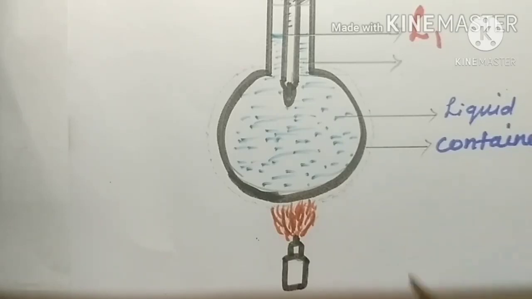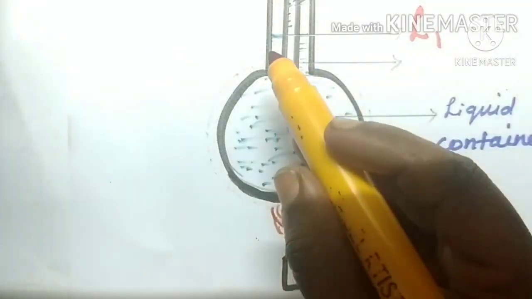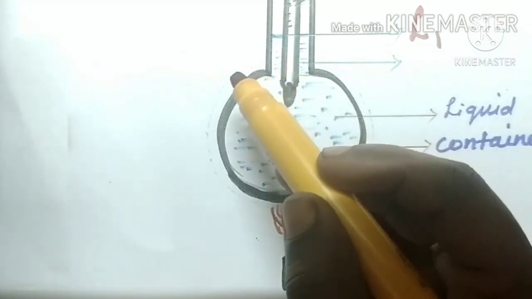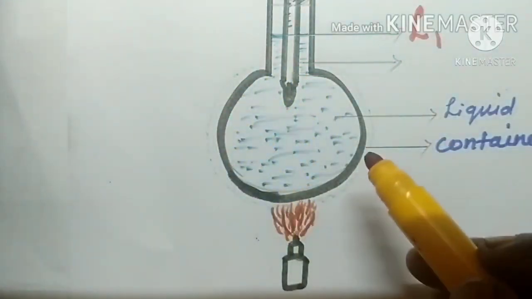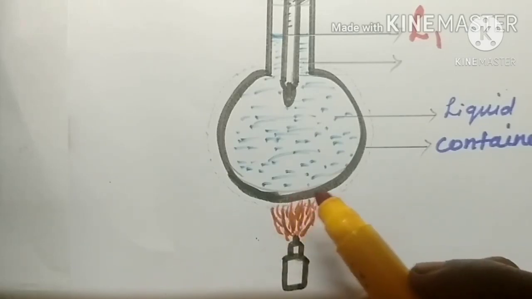So what will happen when the container expands? The level of the liquid will decrease, because the expansion takes place in the container first when we are applying the heat. By using the burner we are applying the heat energy.